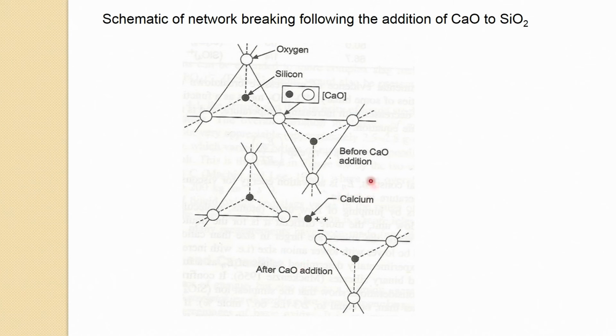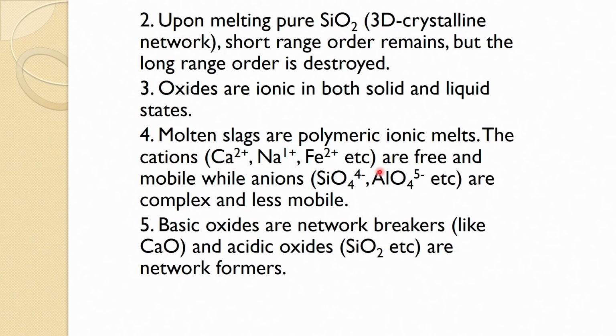That is why basic oxides are known as network breakers, and acidic oxides like SiO2 are network formers. In the slag we have quite a good amount of lime, so it is breaking the network, which also promotes the polymeric ionic melt.